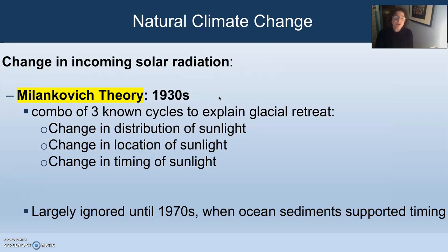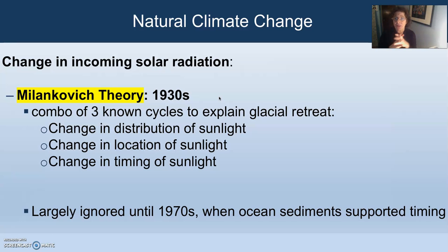He used those three cycles because one of them has to do with the distribution of sunlight, another has to do with the location of sunlight, and a third with the timing of sunlight that can hit Earth. So when these three cycles merge, it can explain glacial advance and glacial retreat.